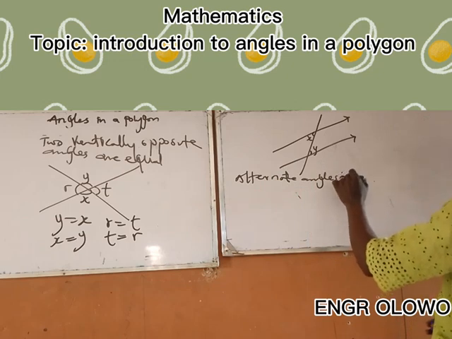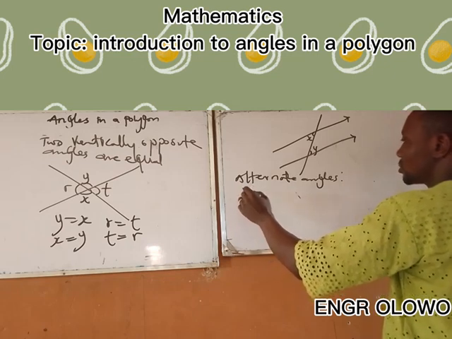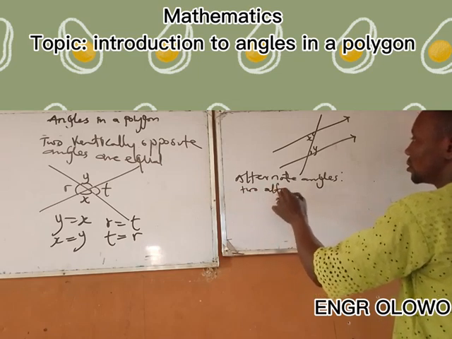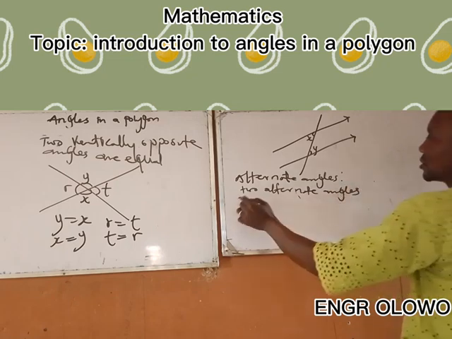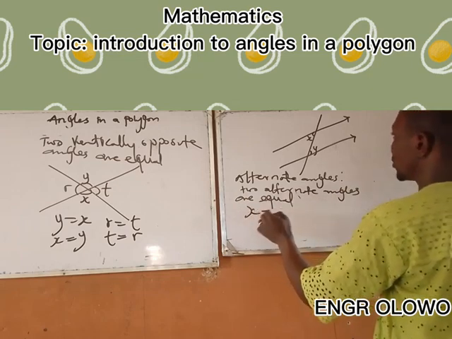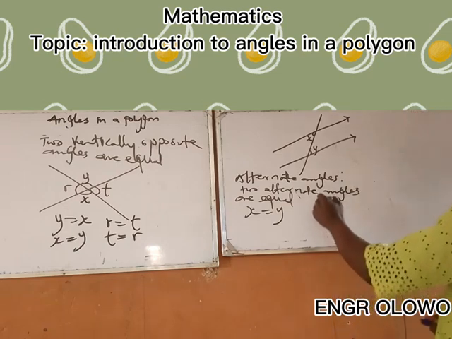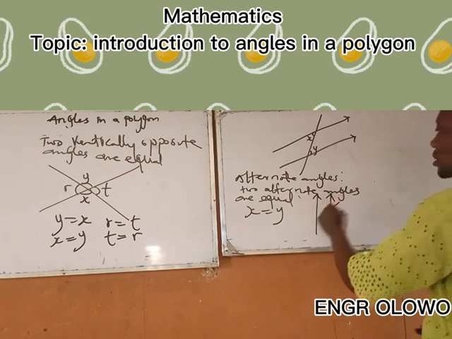Alternate angles are equal. So when you have two alternate angles, they are equal, meaning that X is equal to Y.